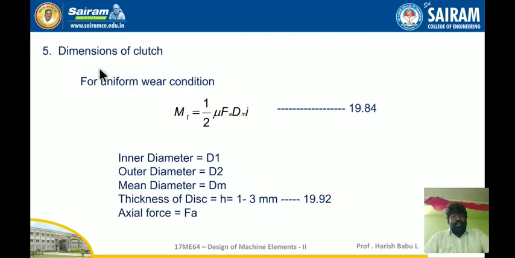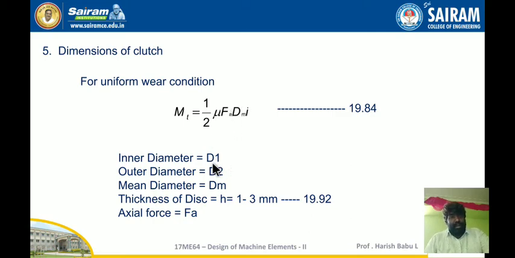The fifth one will be the dimensions of the clutch. This can be done by going again to the Mt formula, that is the torque transmitted formula, Mt is equal to half mu Fa dm into i. Fa is already calculated in the previous step, dm will be calculated and i will be given in the problem. You can assume i as either 1 or 2 for single or multi, it depends on the number of plates. Once the values have been calculated, I can identify the dm or Fa value from this.